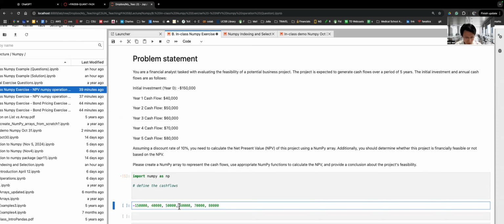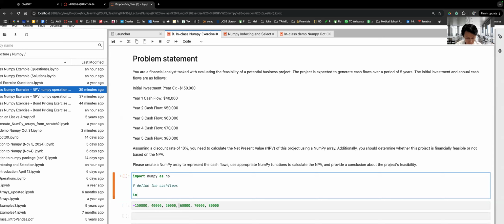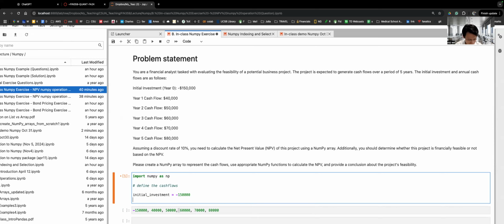The first cash flow would be the initial outlay, or initial investment, and that is given as an outflow of 150,000.